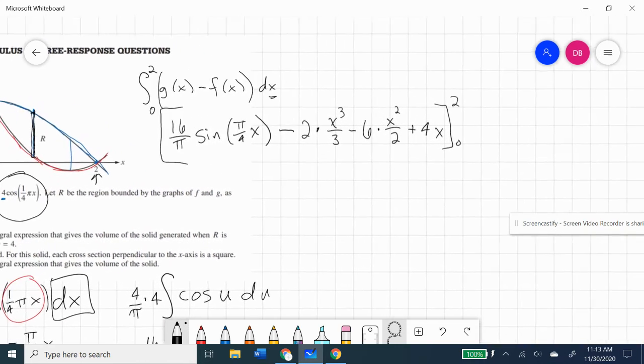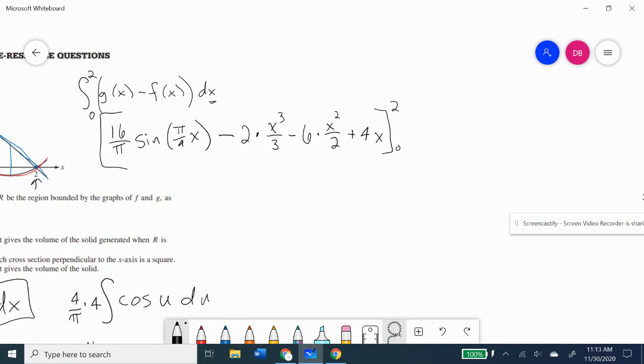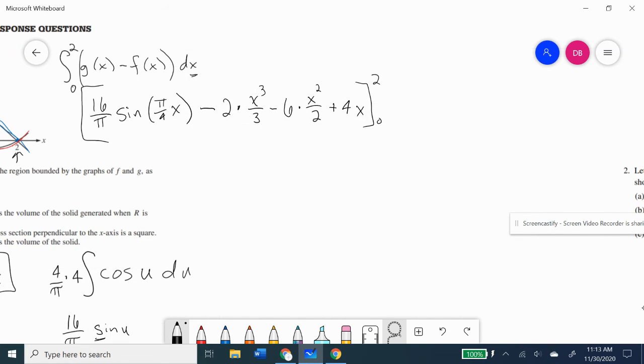Any unit circle trig you are expected to do. So when I plug in the 2, I get 16 over pi times the sine of, if this is 2, then this is going to end up being reducing to pi over 2, and I'm going to have to find the sine of pi over 2, but I'm going to finish plugging the 2 in before I forget that I'm plugging the 2 in.